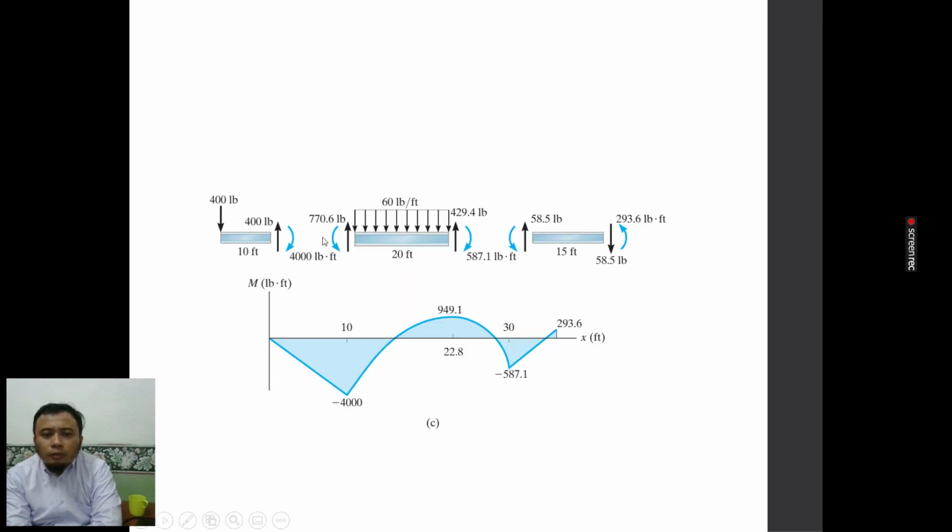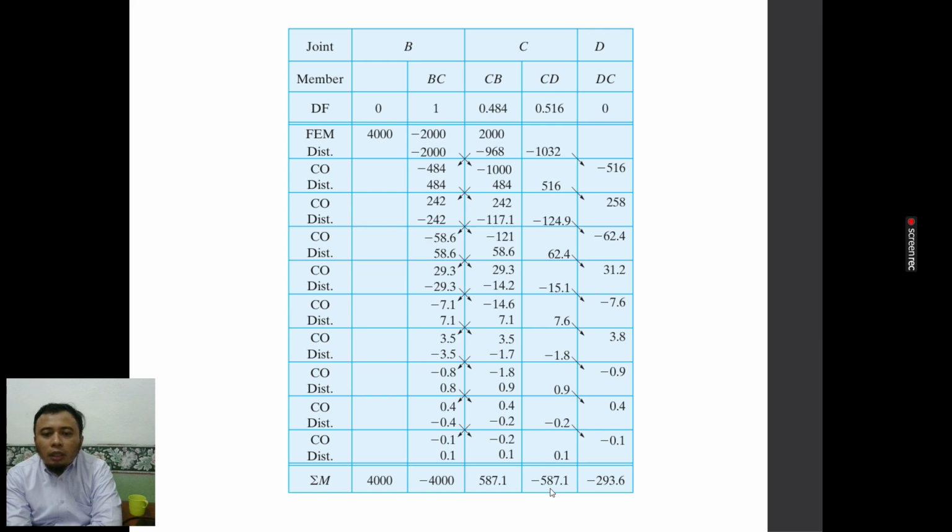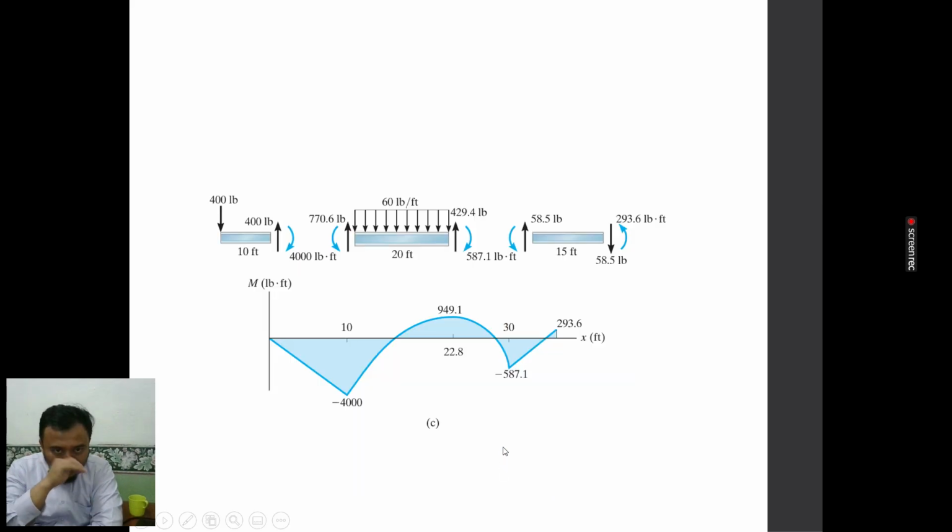So you have these 587.1 here, and then 587.1, negative 587.1. Negative 487.1 here, positive 587.1 here, which is, this is negative, this is positive, and this is negative.